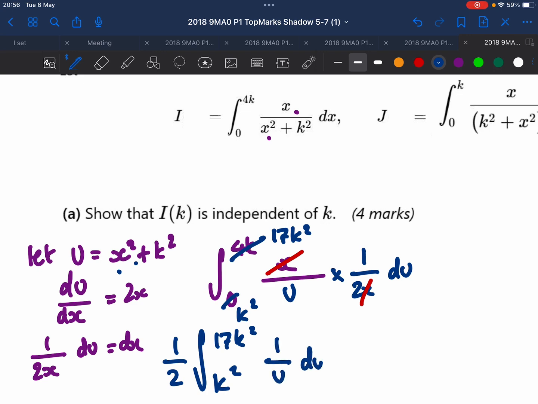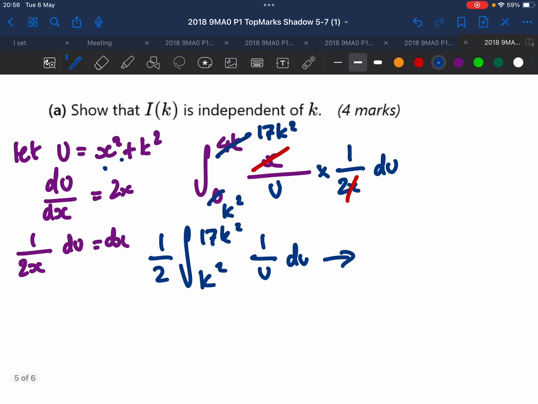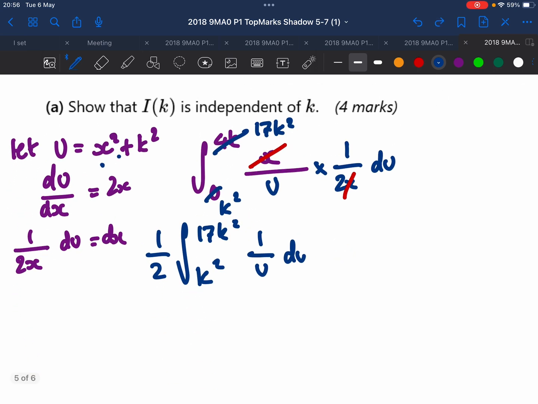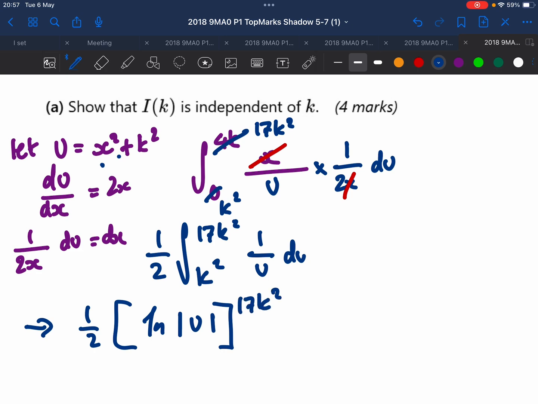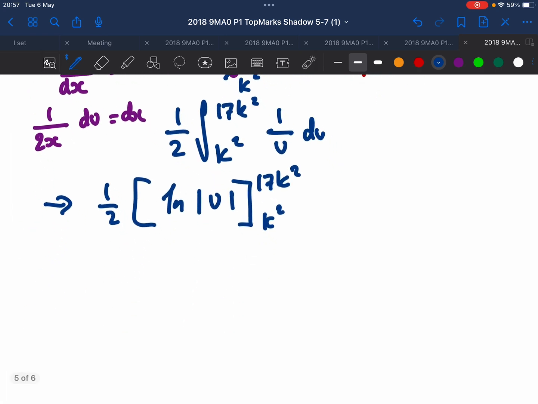Let's do it underneath. If we now integrate that, we would have a half of the natural log of u. We've changed the limits, so we just keep it like that, from 17k squared to k squared. So what's going to happen next? Let's put the half there, a big bracket to sort everything out.